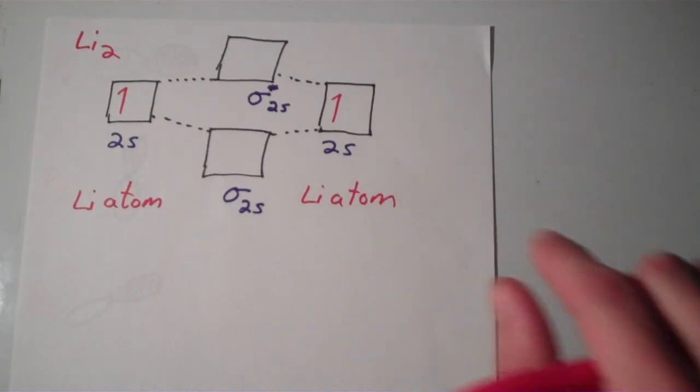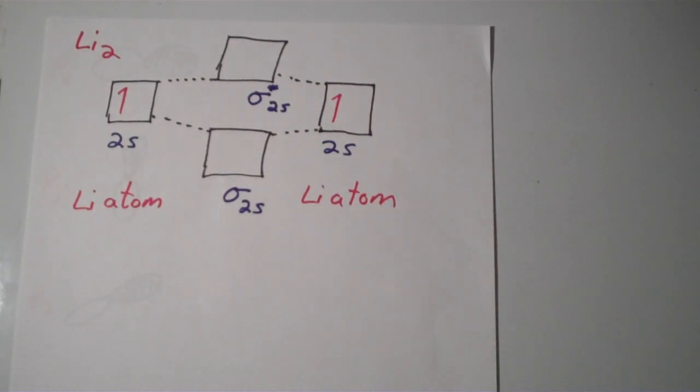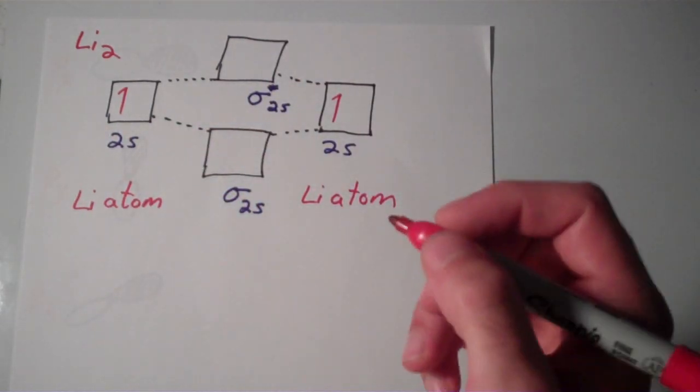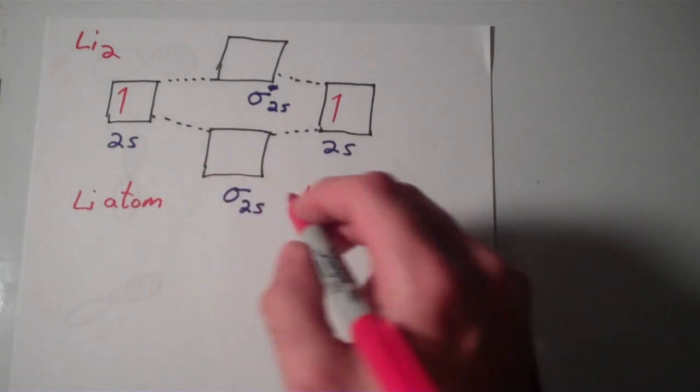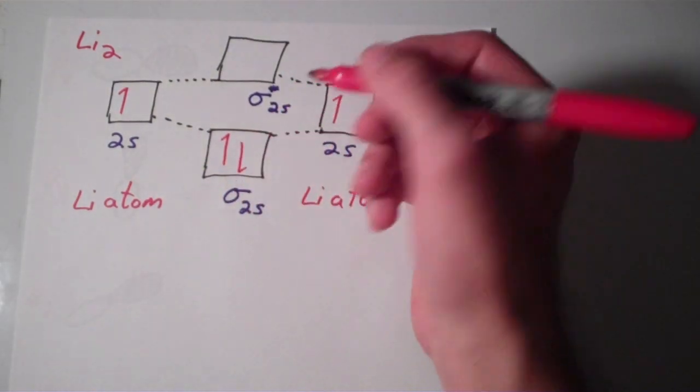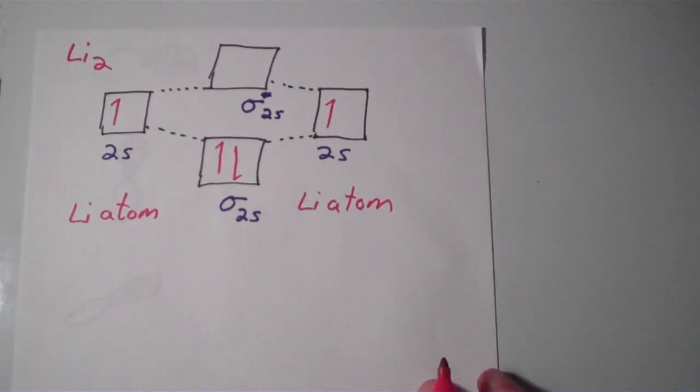This is very similar to the H2 molecule, because H2 involves 1s atomic orbitals and Li2 involves 2s atomic orbitals, so they combine in a very similar way. We have two electrons in this pool of molecular orbitals, and we fill them in lowest energy first. So the sigma 2s will fill up, and the sigma star 2s will remain empty.